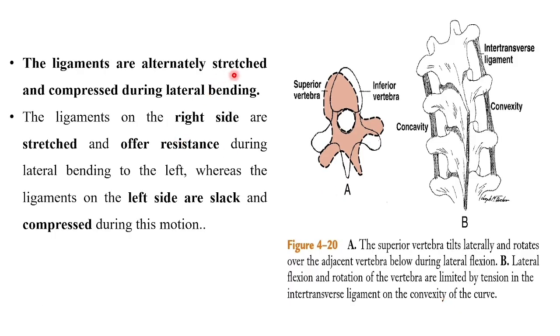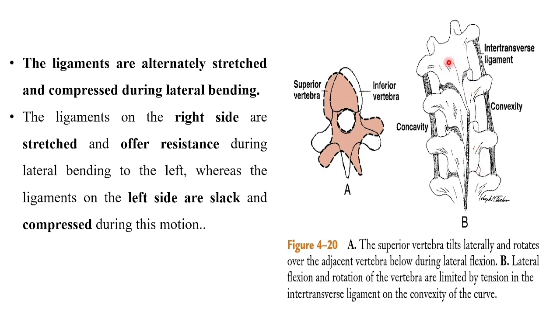The ligaments are alternately stretched and compressed during lateral bending. The ligaments on the right side are stretched and offer resistance during lateral bending to the left, whereas the ligaments on the left side are slack and compressed during the motion. In this diagram you can see the left lateral bending, or left lateral flexion.